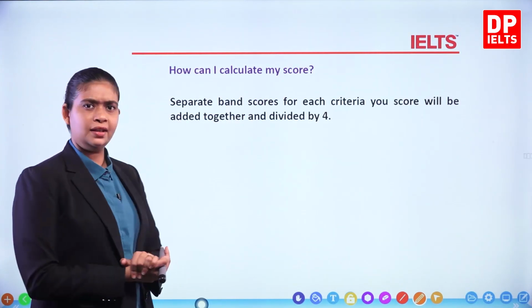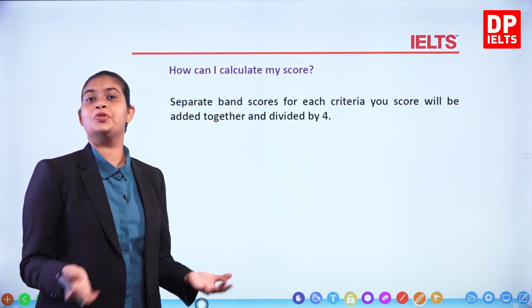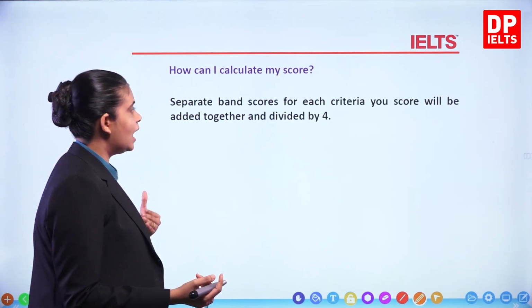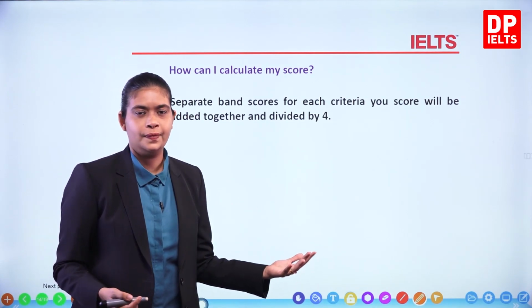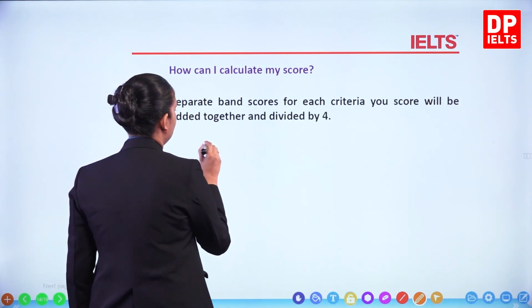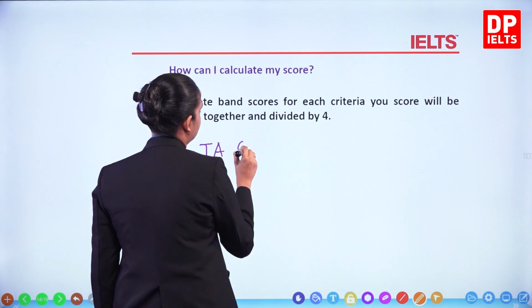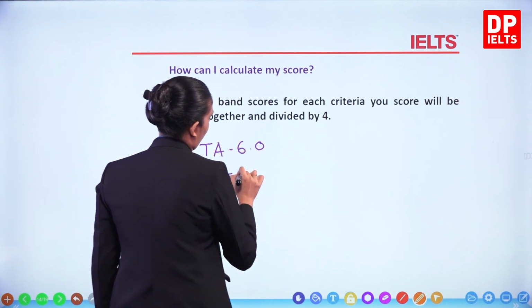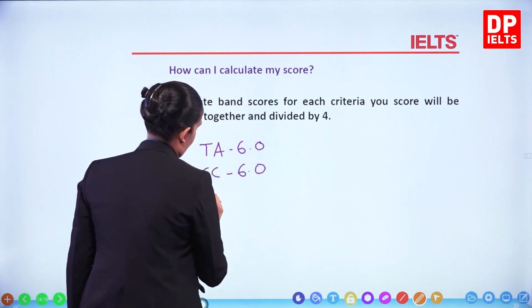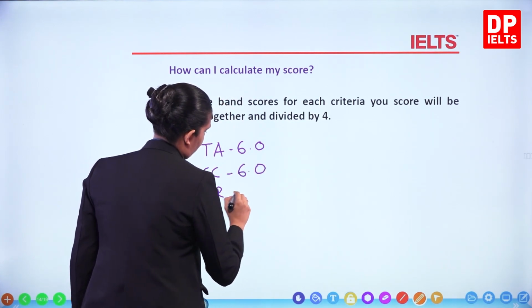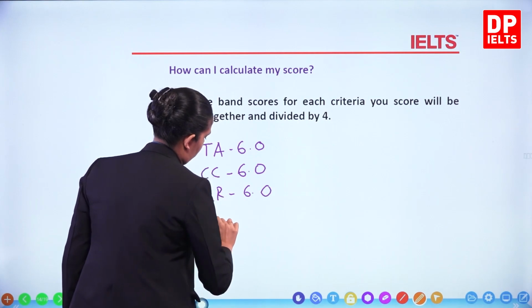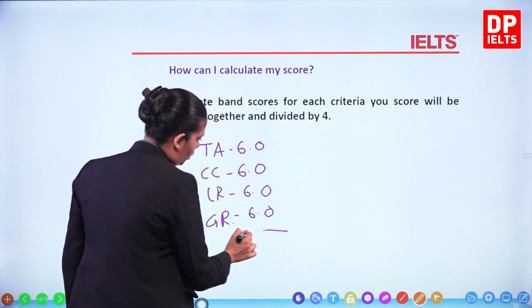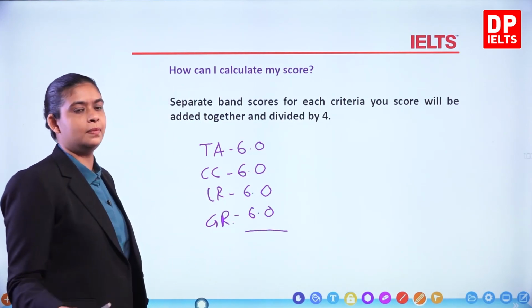So, how can I calculate my score? Now, you don't obviously calculate it, so you don't need to worry about it, but how would you be given a score? Say for an example, TA, you get 6. Okay. CC, you get 6. LR, you get 6. GR, you get 6. So, you add all of this up and you divide it by 4.